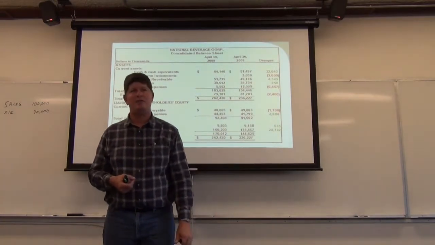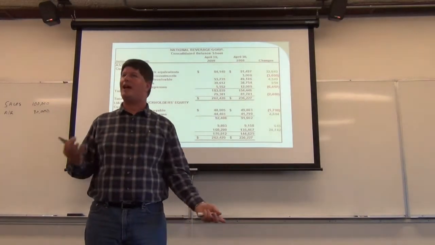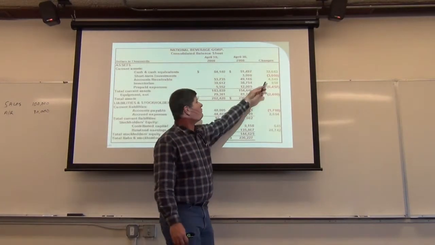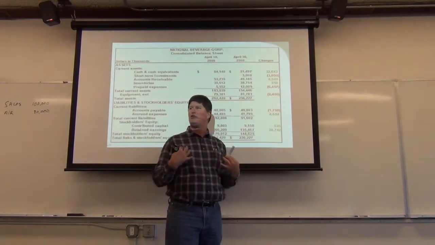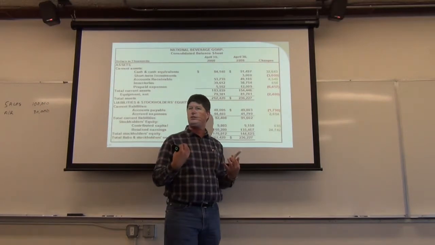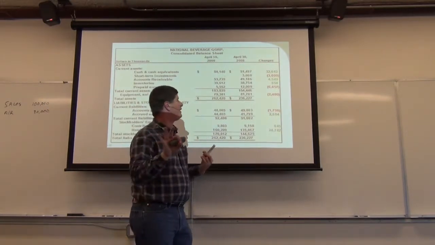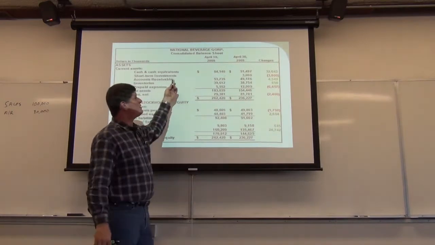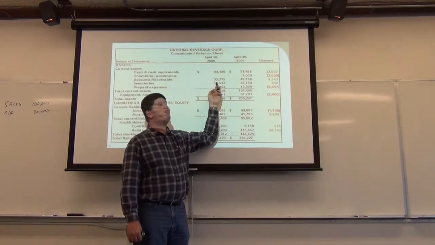I must have sold it. If I sold it, what did I get? Cash. So notice if my asset balance decreases, I got cash. Good? You follow me? You will in a second, I hope. Accounts receivable was 49 million bucks. It went up to 53.